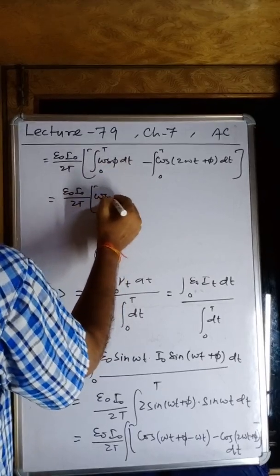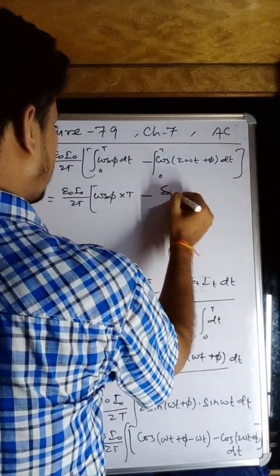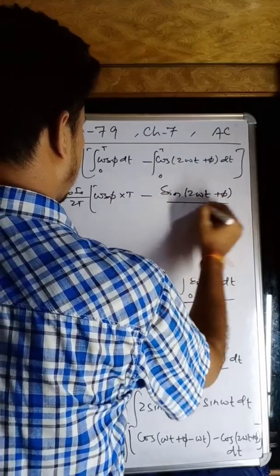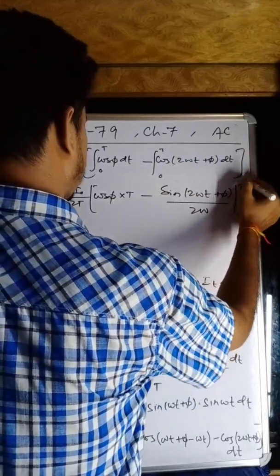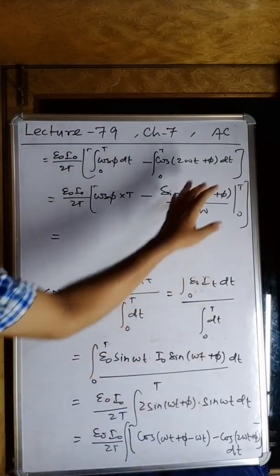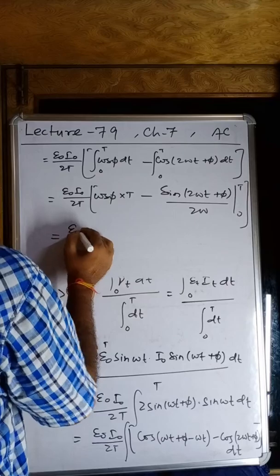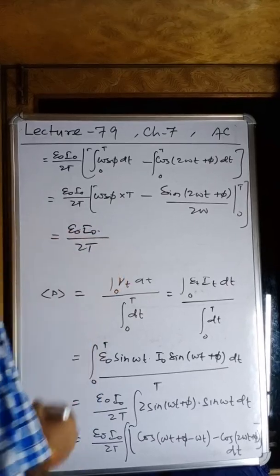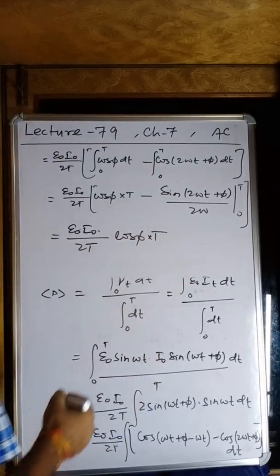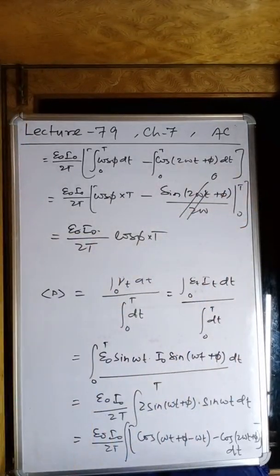This is cos phi constant and dt becomes T, minus sine twice omega t plus phi divided by twice omega for the full cycle. My dear students, for the full cycle we know that the sine value will give you zero. So it is E naught I naught by 2T times cos phi into T. Remember, this is not the angle actually, and this value becomes 0.